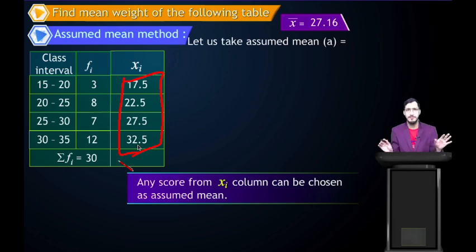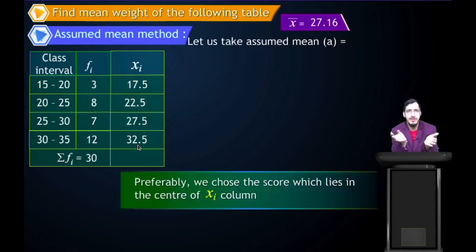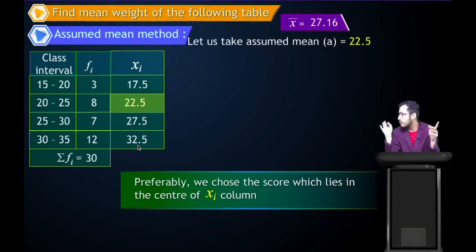You can choose any one, but preferably we choose the score which lies in the center of the xi column. Here, 22.5 and 27.5 are both in the center, so we choose one: 22.5.